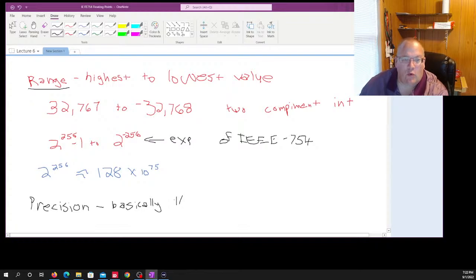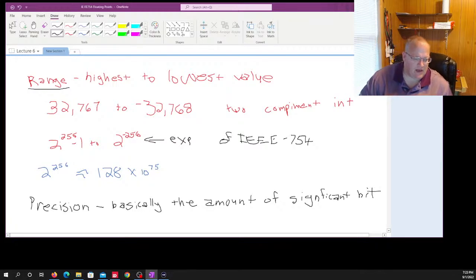So if something is more precise than another thing, that means it has more significant digits. Basically the amount of significant bits, or we can actually extend that to digits as well if we're in mathematics.